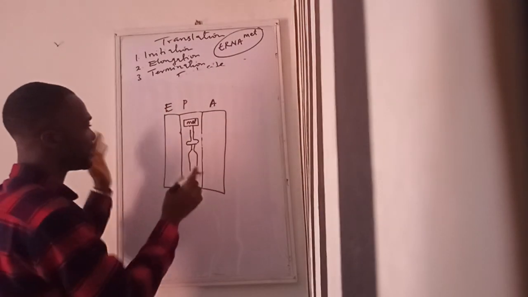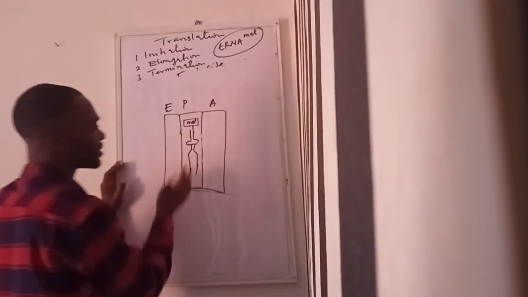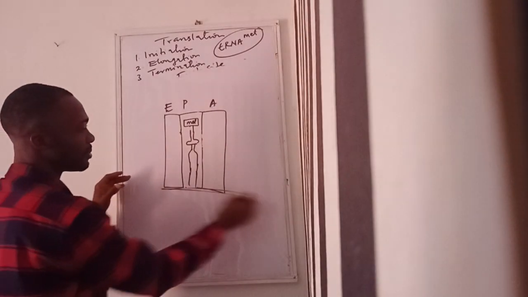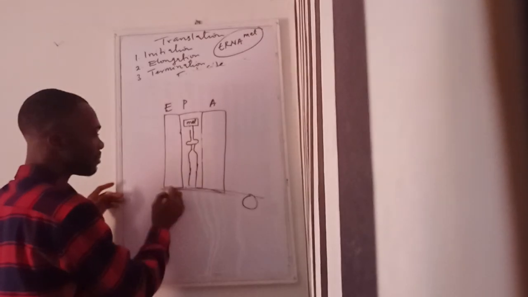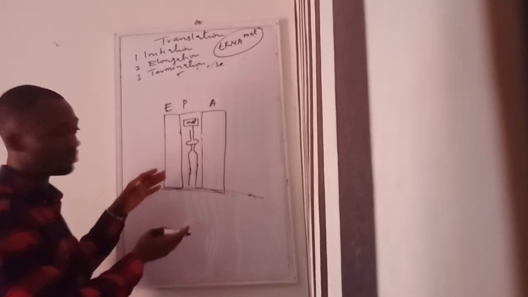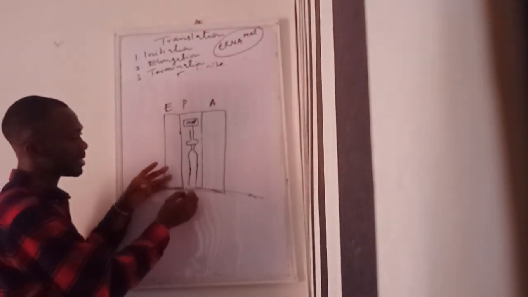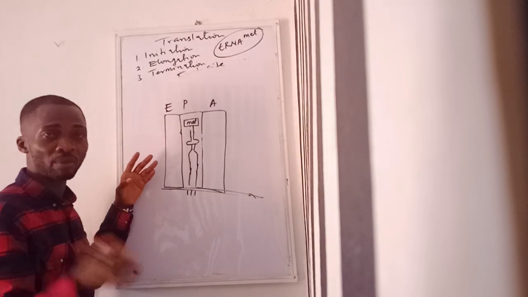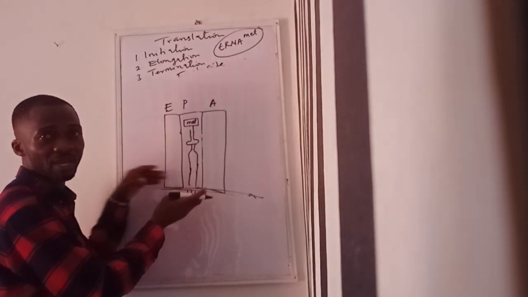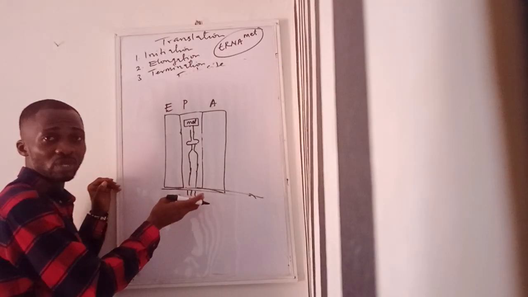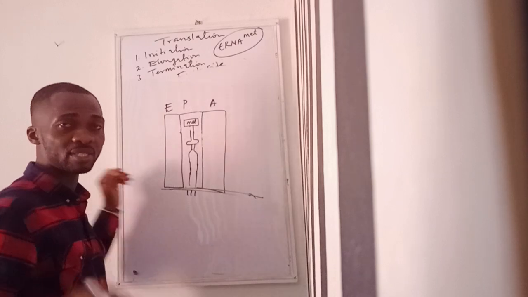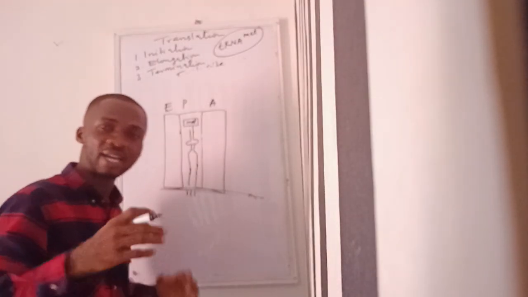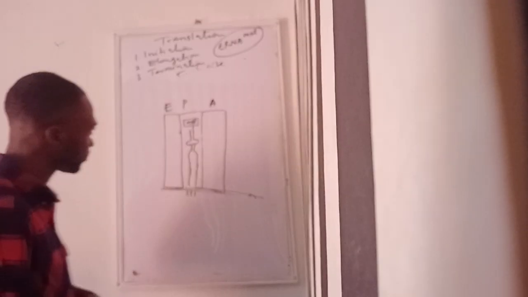So we have now deposited this. Don't forget that messenger RNA is also found beneath this with the ribosome, because there will be a point of attachment, like the complementary base pairing I told you about, between the transfer RNA and the messenger RNA. That is the codon of messenger RNA and the anticodon of transfer RNA.